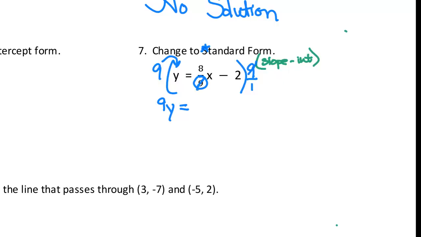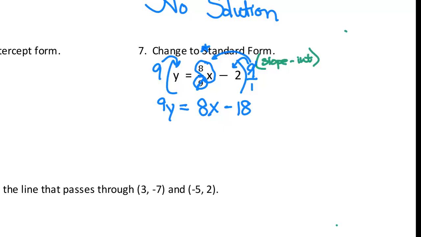They're going to simplify out, and what I have left is just 8x. And then I do have to distribute the 9 with -2, and that gives you negative 18. I got rid of that fraction.